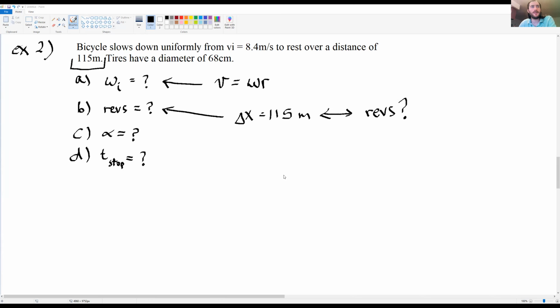There may be some connection that we discussed between the displacement, the translational displacement, and the number of revolutions that this tire will go through. Does that make sense?